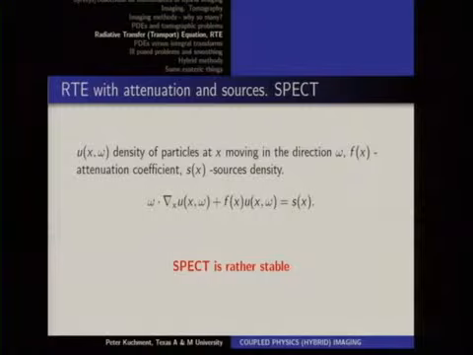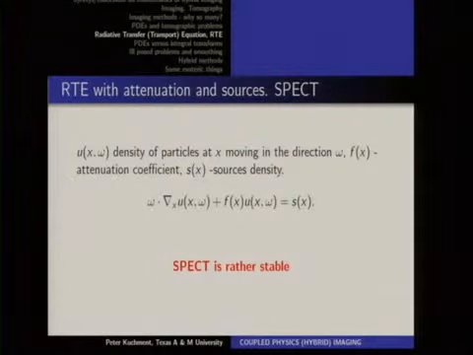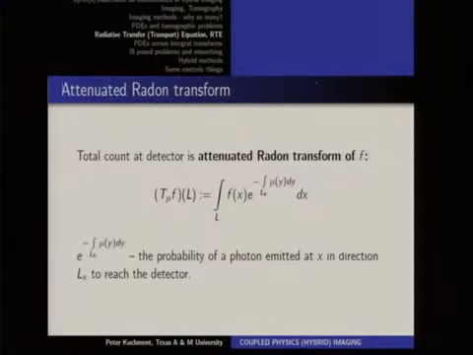You shoot something, and you measure what comes out. No access to the interior. This is, again, an inverse coefficient problem for a PDE. Again, this SPECT is very stable. SPECT pictures can be almost as good as CT pictures. And what I did, I wrote it as a PDE problem, an inverse PDE problem, but you can write it in an inverse Radon transform type formula.